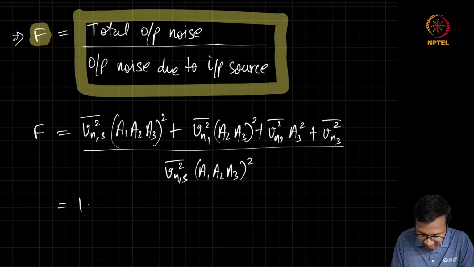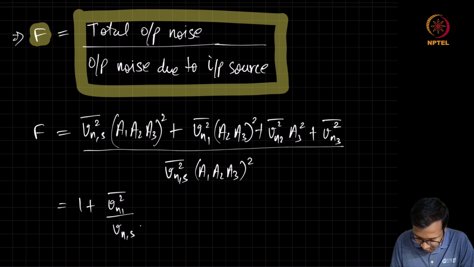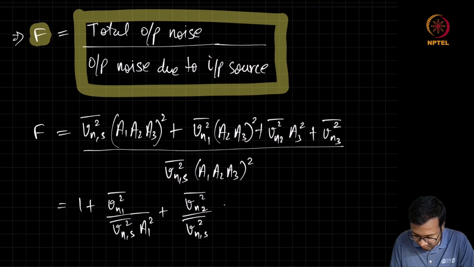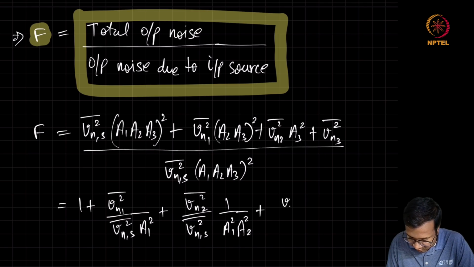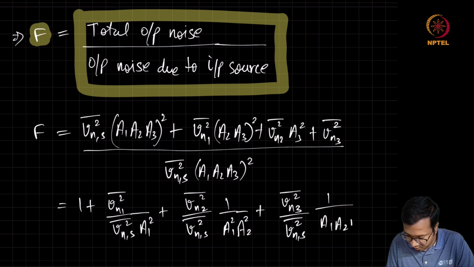We can rewrite it as 1 plus Vn1 square divided by Vns square, times 1 by A1 square, plus Vn2 square divided by Vns square, times 1 by (A1 A2) square, plus Vn3 square divided by Vns square, times 1 by (A1 A2 A3) whole square.